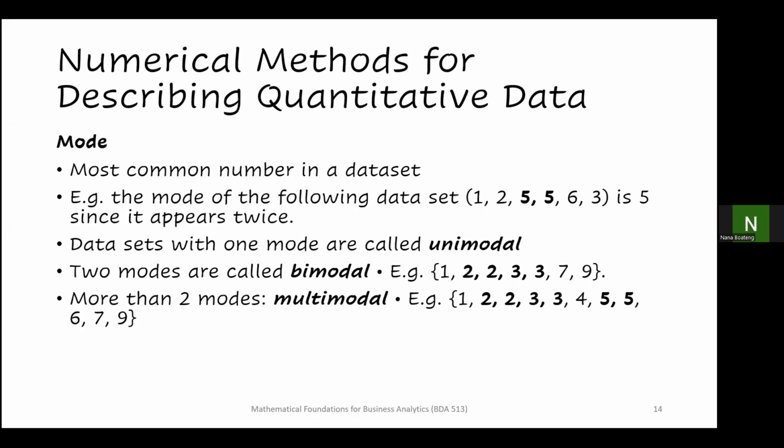A data set with one mode is normally called a unimodal data set. You could have a bimodal data set, where you have 2 peaks, so here we have 2 and then 3, or multimodal. All right.